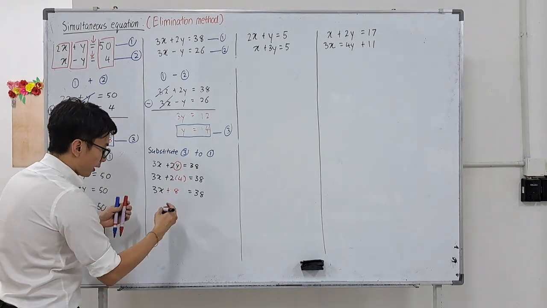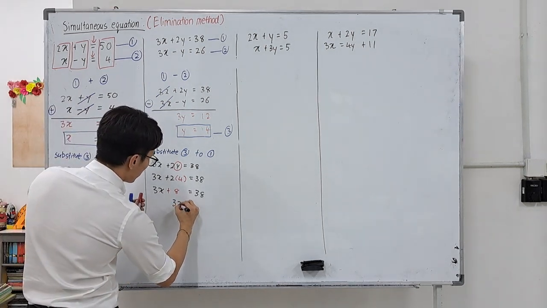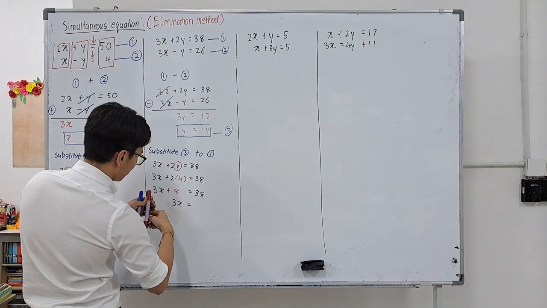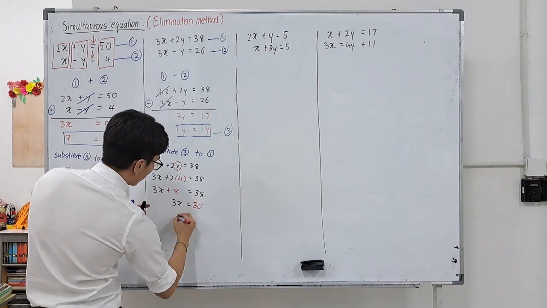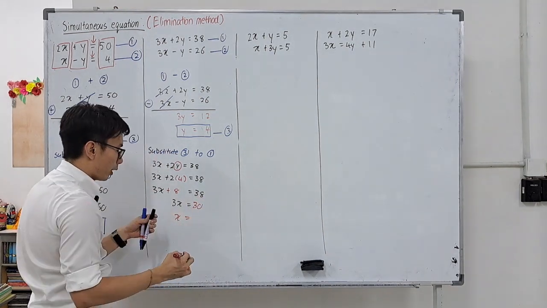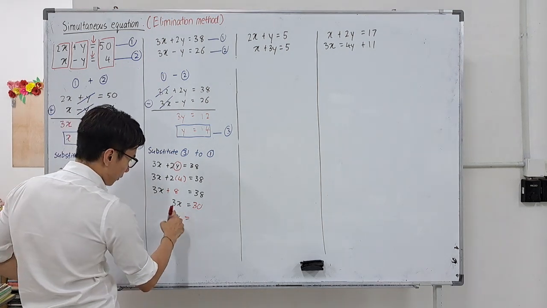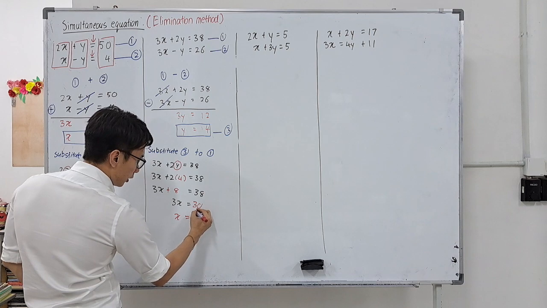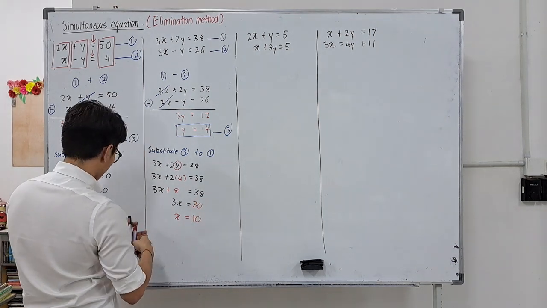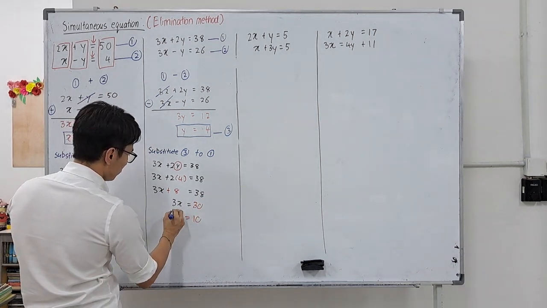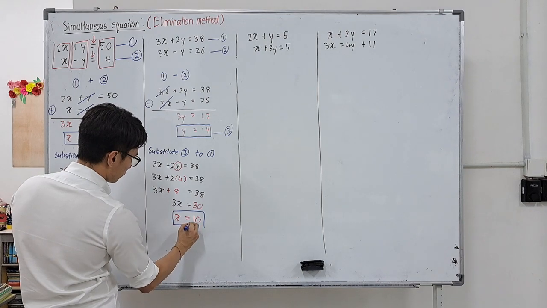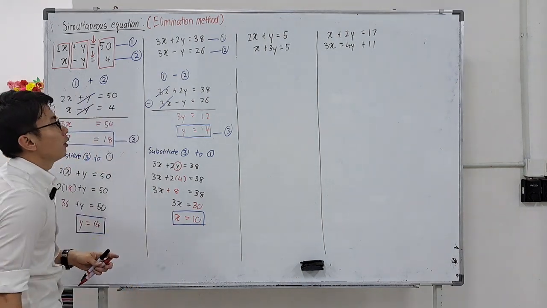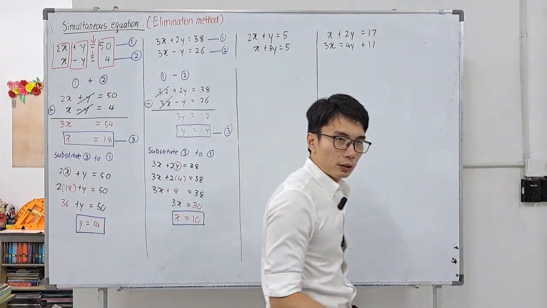Subtract 8 from both sides, that will give me 3x equals 30, and finally x, divide by 3 on both sides, or move this 3 over here, that's going to give me 30 divided by 3, which is 10. Okay, done. Okay, very simple example.